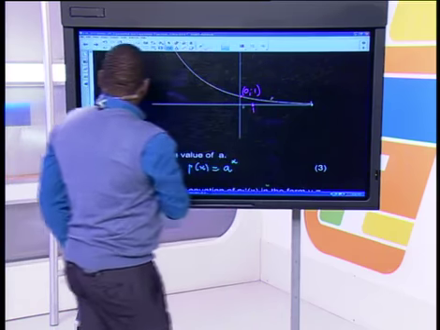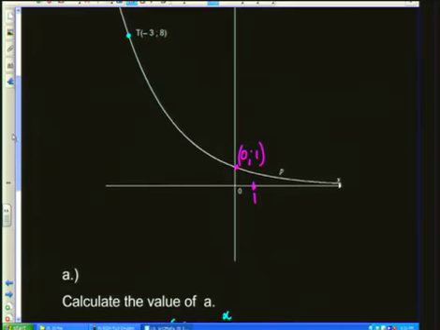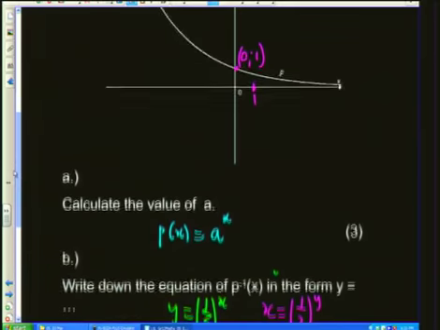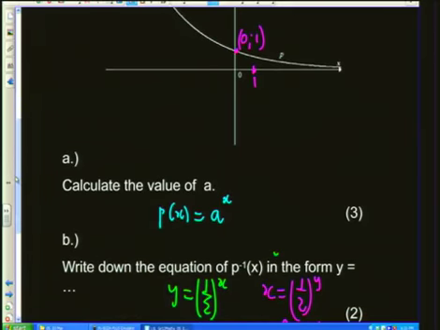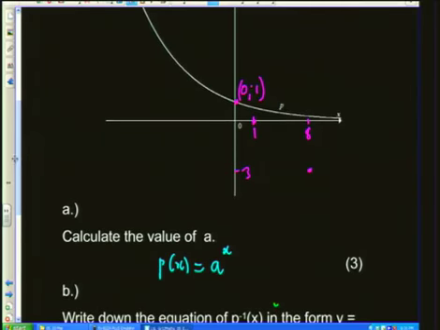Now, the point at the top is minus 3, 8, so I'm going to have 8 and minus 3, somewhere there. It was asymptotic at the x-axis, so now our graph will be asymptotic at the y-axis. So we get that graph.